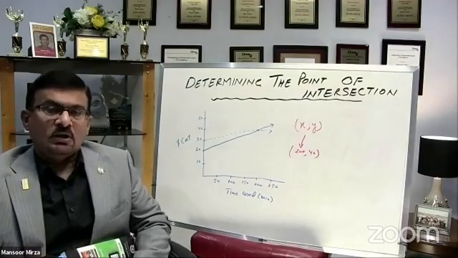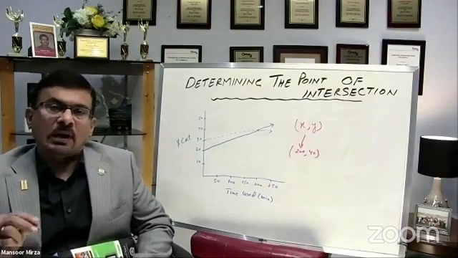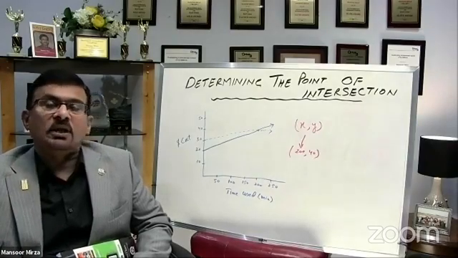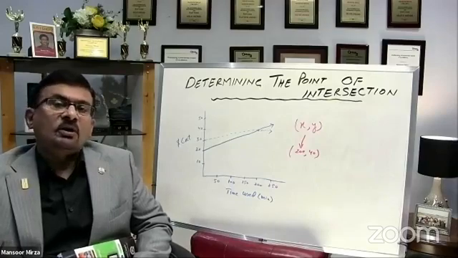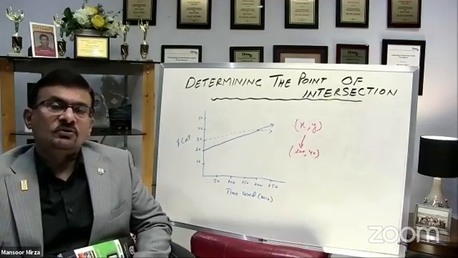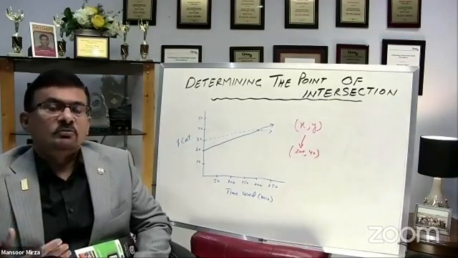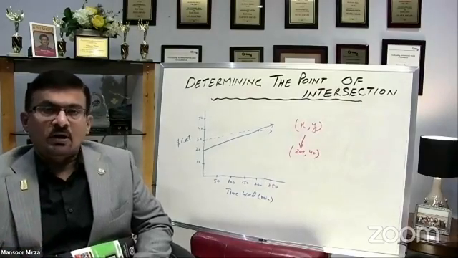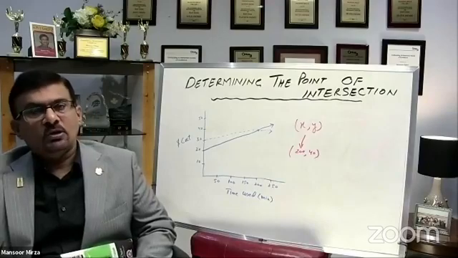That's for sure. Their slopes can identify whether they are parallel or not. If they are not parallel, they will intersect at some point. It might be a very close area or a very far spot, but somewhere they are going to intersect.